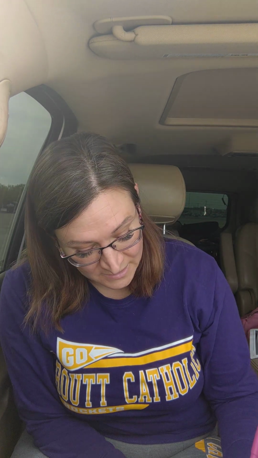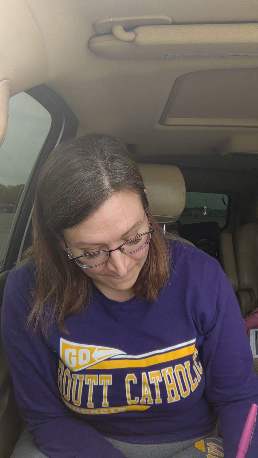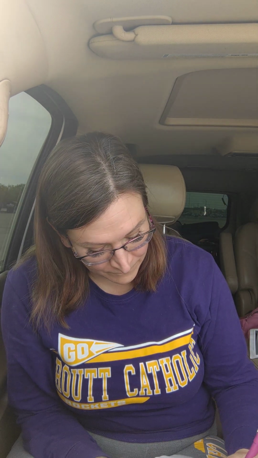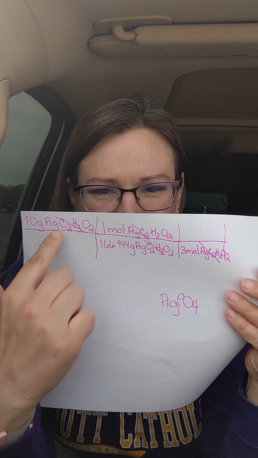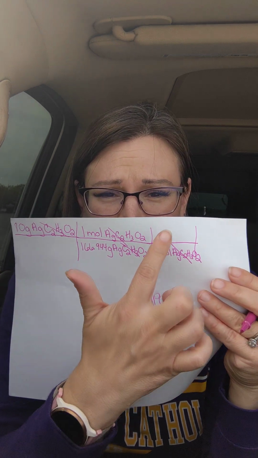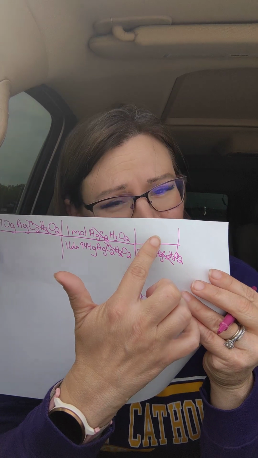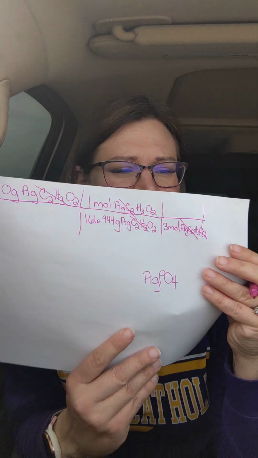So we're going to write 3 moles on the bottom so that it cancels the moles out. As we go, we always know where to put stuff because we're always wanting to cancel out. We canceled out the grams, and so now we wanted to cancel out the moles. And then on top, we're going to put the ratio of what we're looking for, which is, again, silver phosphate.